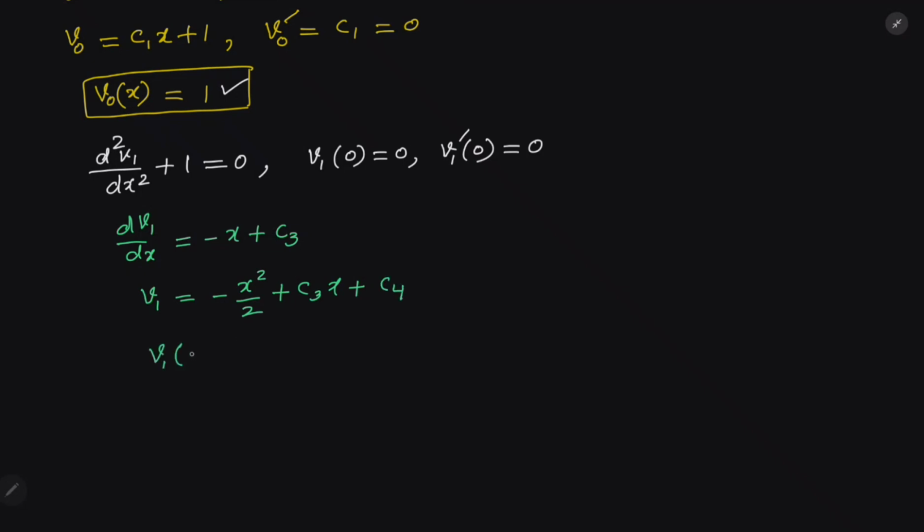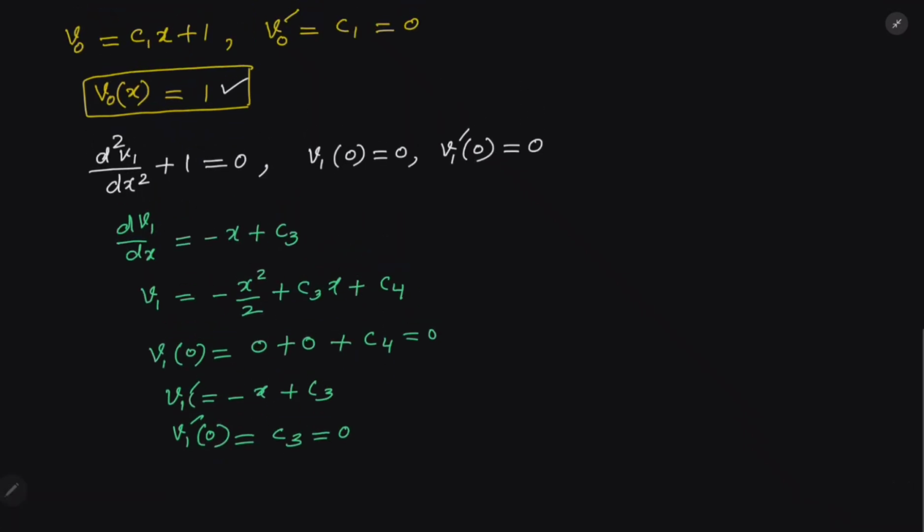Use initial condition, v1 0 is 0, v1 dash is minus x plus c3, it is also equal to 0 when I use initial condition over here. v1 dash 0, c3 is equal to 0.